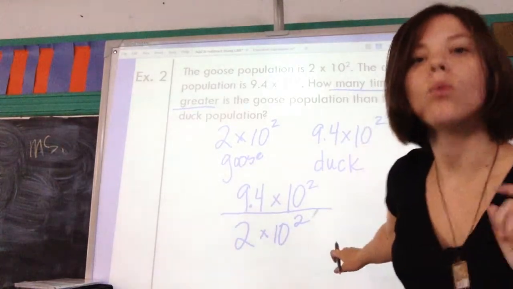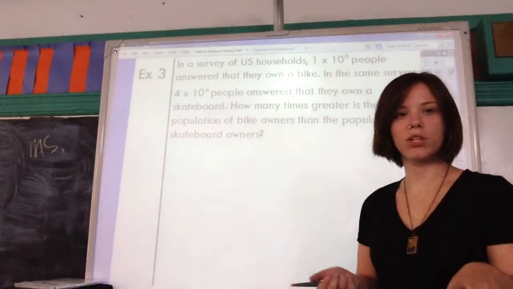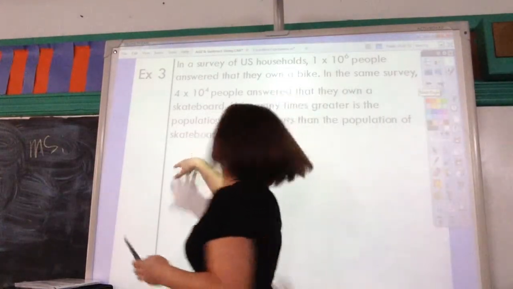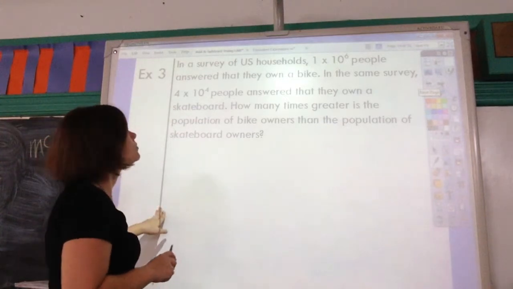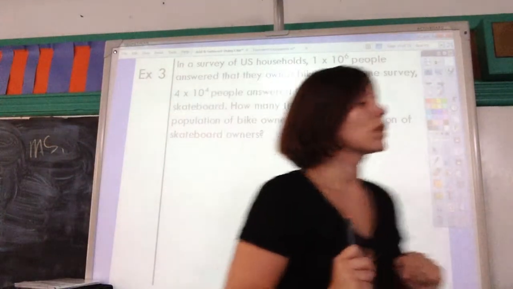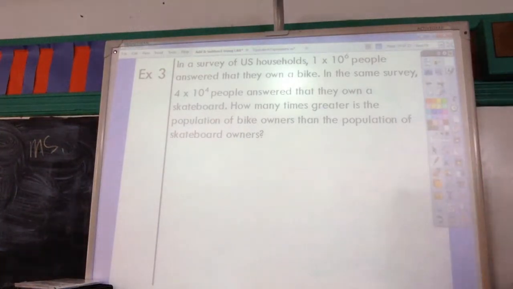Let's take a look at one more example, and then it'll be your turn. Don't copy all this down. Please write example 3 and draw a line. In a survey of U.S. households, 1 times 10 to the 6th people answered that they own a bike.